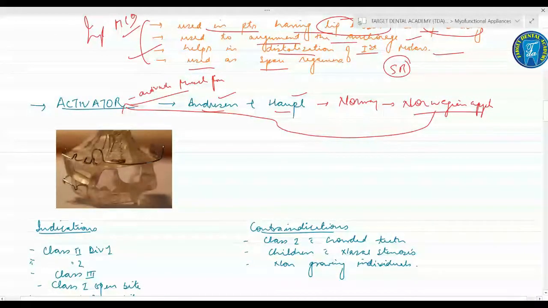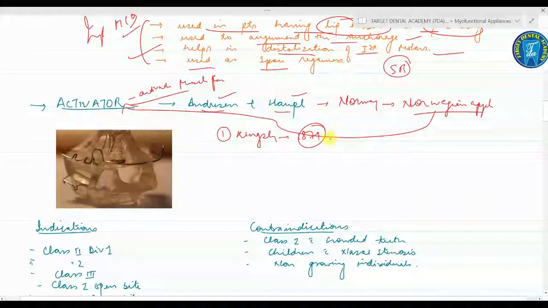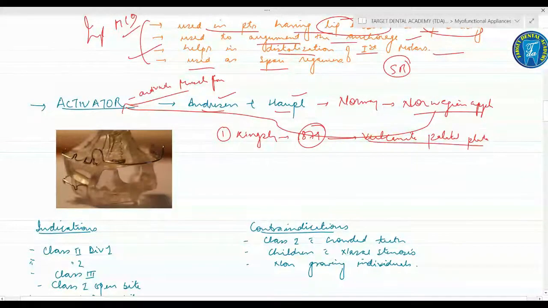So there is a big history about the activator, starting with Kingsley in 1879. He first devised a vulcanite palatal plate, and he used this vulcanite palatal plate in a patient having a retruded mandible.